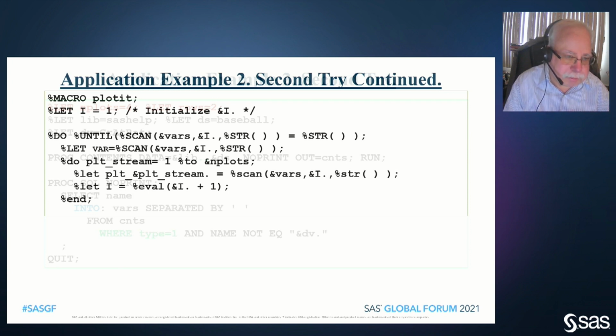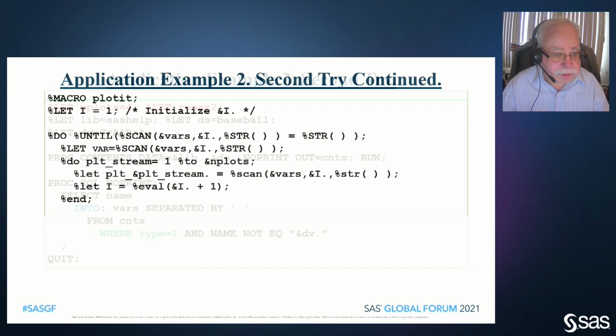We start with incremental 1, and then we do until we go through all the variables that we're pulling off the initial &vars macro variable, pulling each one at a time. And this next macro do loop, plot stream, is going from 1 to nplots, which is 4.